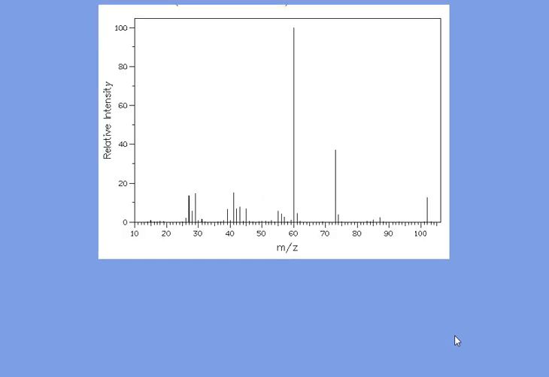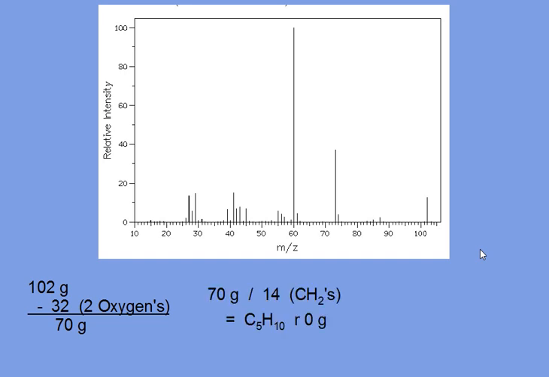Looking at the mass spectroscopy, we've got a molecular ion peak at 102. And of course, we know from that mass of 102, we have to take into account the 32 grams per mole for the two oxygens, which leaves us with 70 grams for just carbon and hydrogen. Dividing that by 14 would go in neatly 5 times, so C5H10.